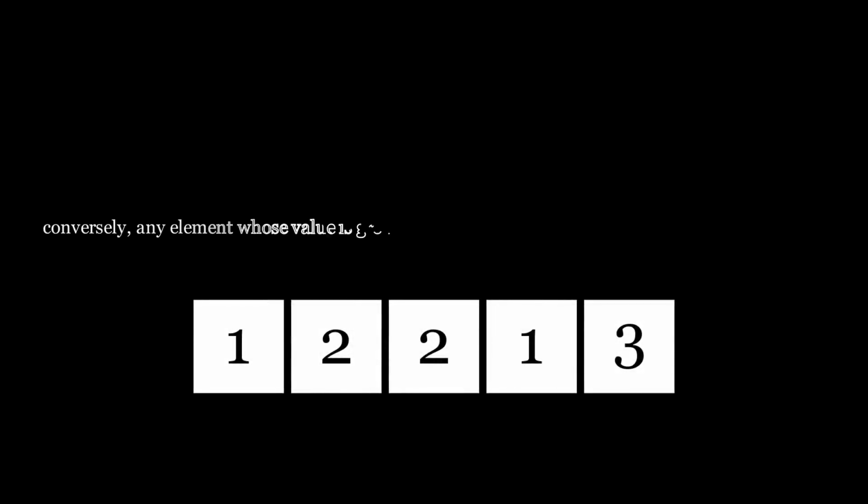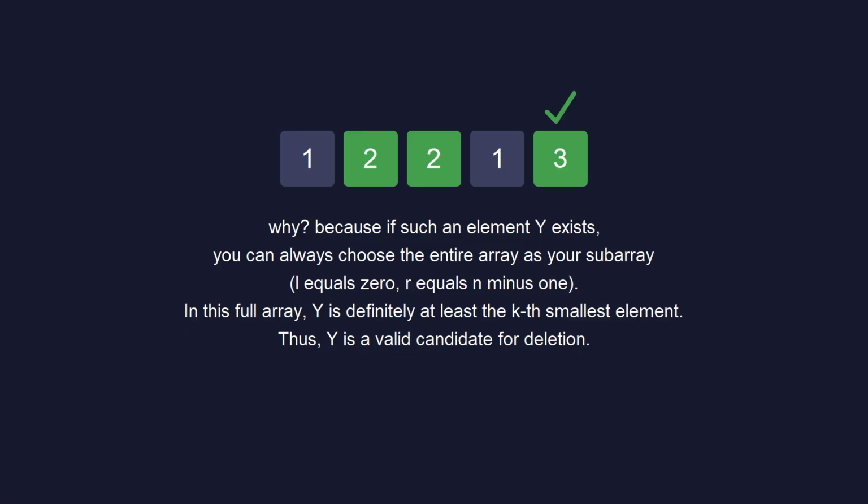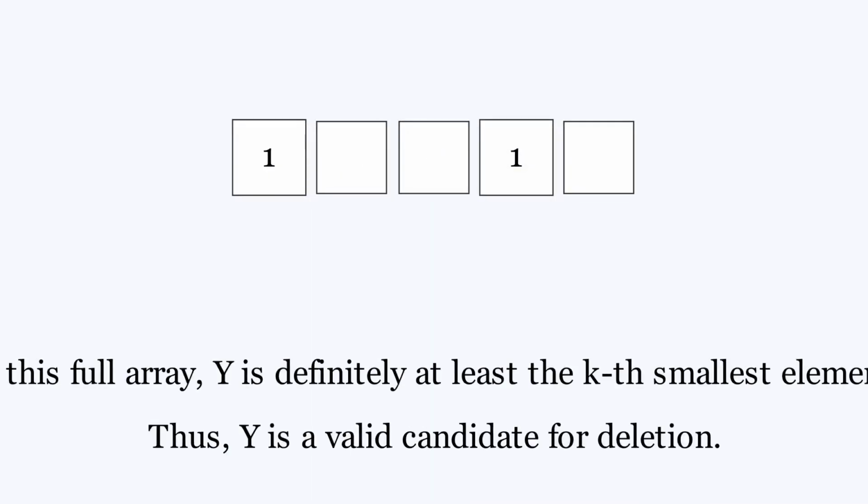Conversely, any element whose value is greater than or equal to kth smallest val can be deleted. Why? Because if such an element y exists, you can always choose the entire array as your subarray. L equals 0, R equals n minus 1. In this full array, y is definitely at least the kth smallest element.